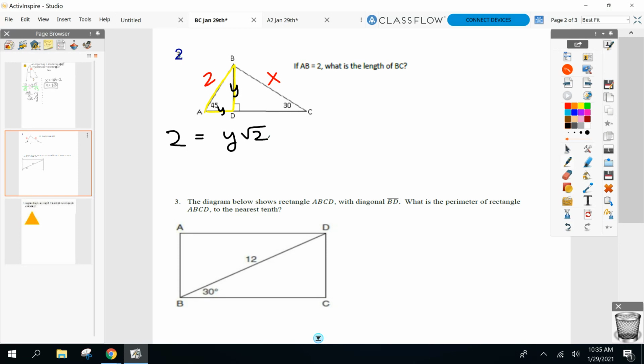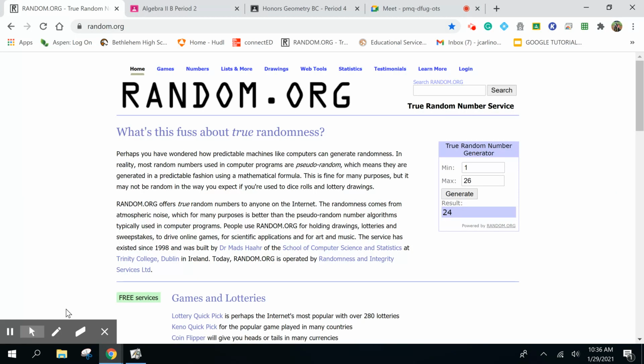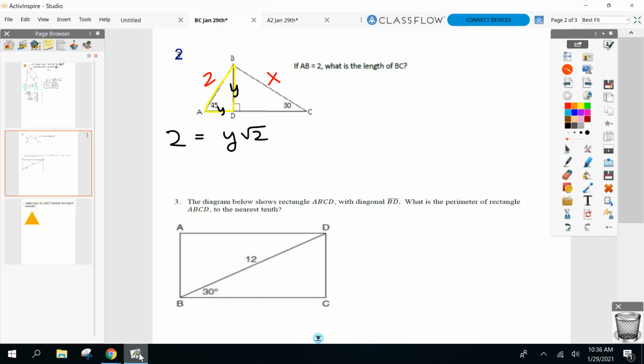Everyone see what we're doing? All right, how do I get rid of the radical 2? Uh-oh. How do I solve for that leg? Will, back to you. How do I solve for y? Divide both sides by radical 2. Good deal. And here we are again.